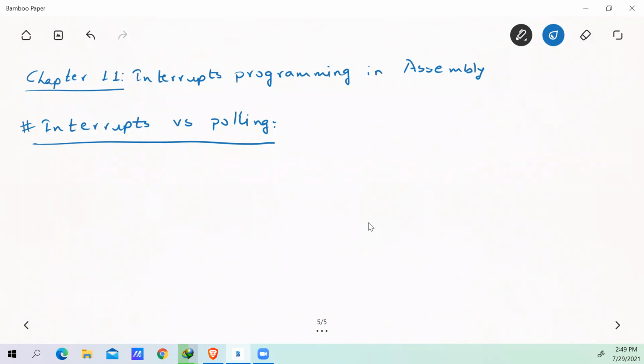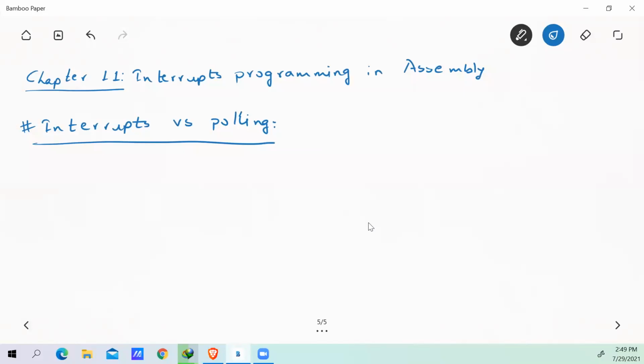The interrupt signal can be anything. The requirement of service also varies from device to device. But the main thing is that whenever a service is needed by the device, it will send a signal to the microcontroller.